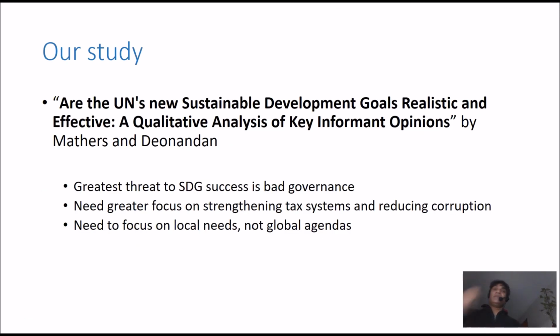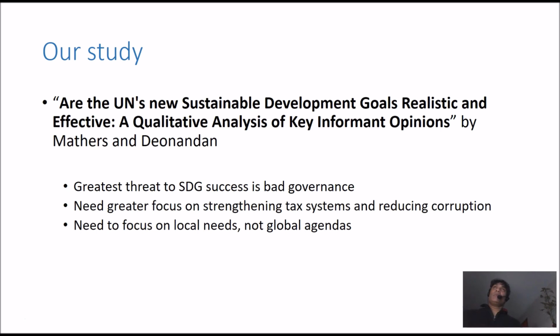I want to spend a minute talking about a study that we did, myself and a former student, Annalise Mathers. We interviewed some key informants about what they think about the SDGs, and the takeaway message there was most of them felt they were problematic. They felt that bad governance and bad taxation are in fact the real threats to progress in the world. In other words, if you have a corrupt government, you can't get anything done.